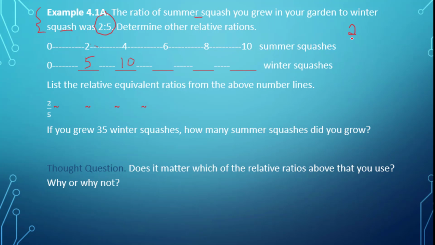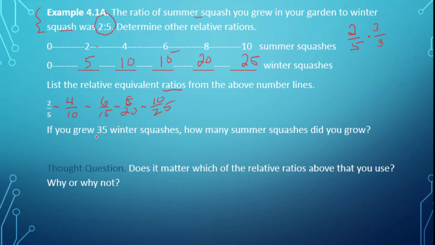Remember, you're basically just doing this. Multiply the summer squash by 3, you'd have to multiply the winter squash by 3. So hopefully you can see what we get. Now notice, all these are relative equivalent ratios from the number lines, right? So 2/5 is the same as 4/10, which is the same as 6/15, which is the same as 8/20, which is the same as 10/25.